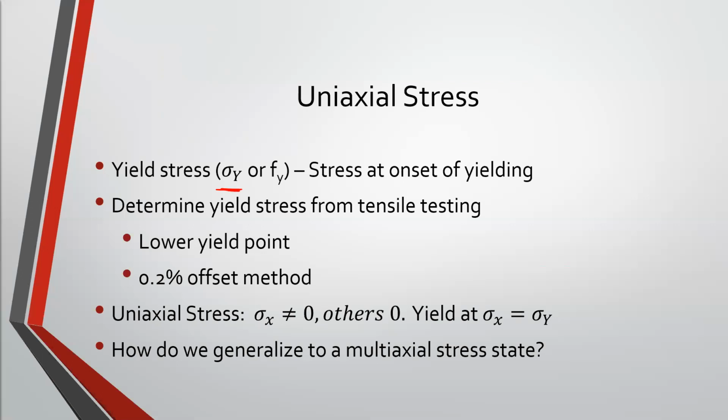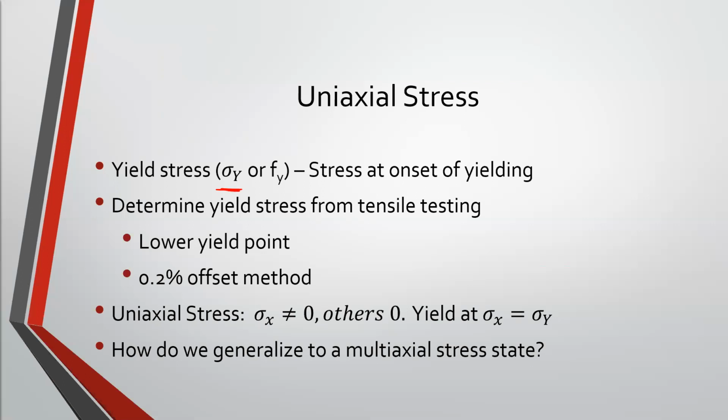And I would argue that when either one of those reaches yield stress, you're definitely going to be yielding. But there's going to be some combination of stresses in those two orthogonal directions where neither one reaches this yield stress, yet your material will yield because of that combination of the two. And we're going to look at how we quantify when that happens. Any questions before we do that?